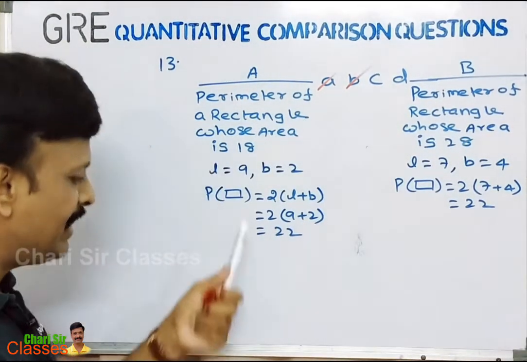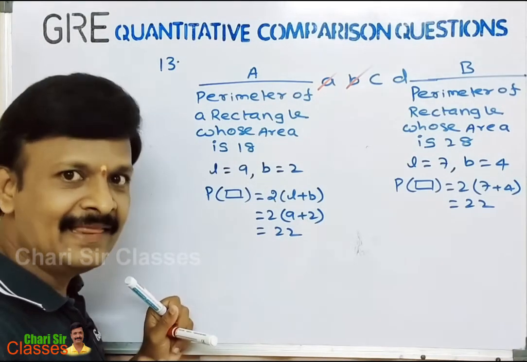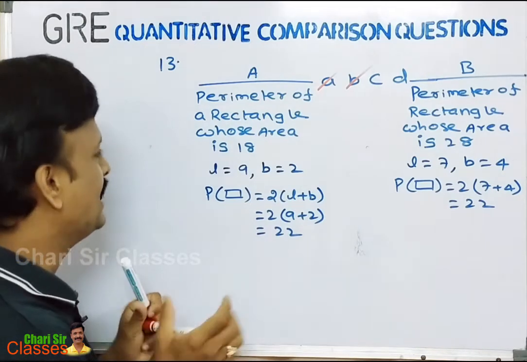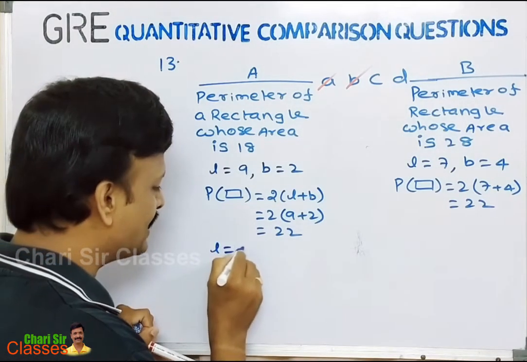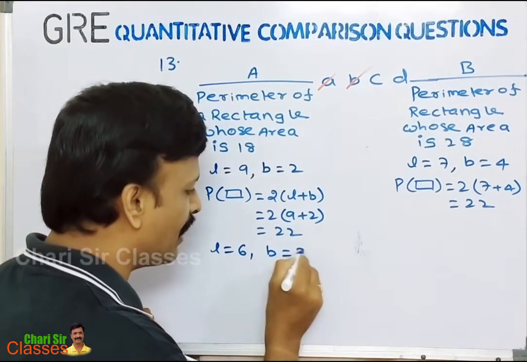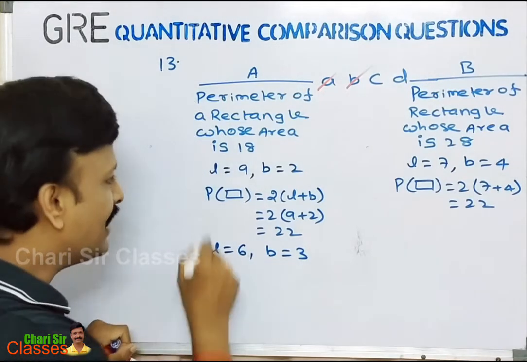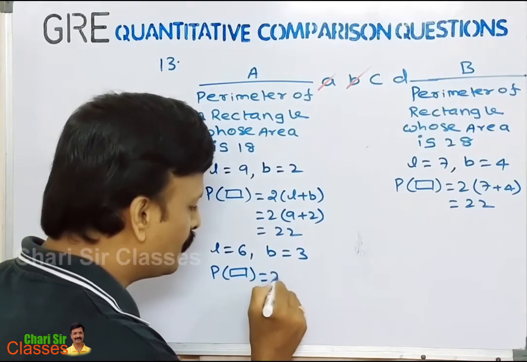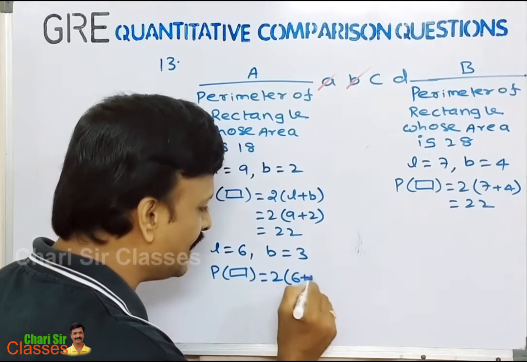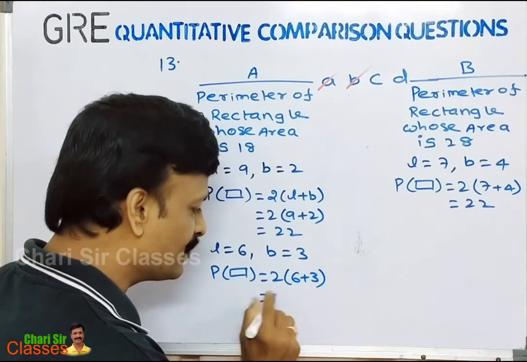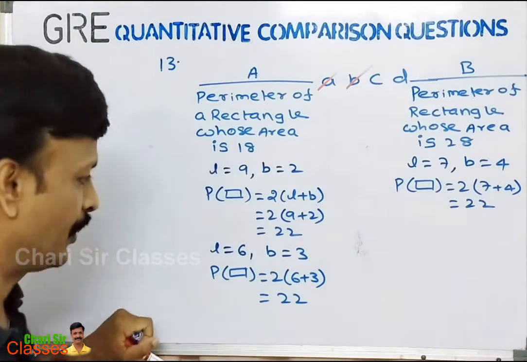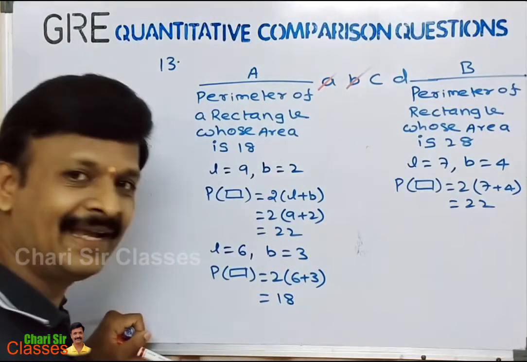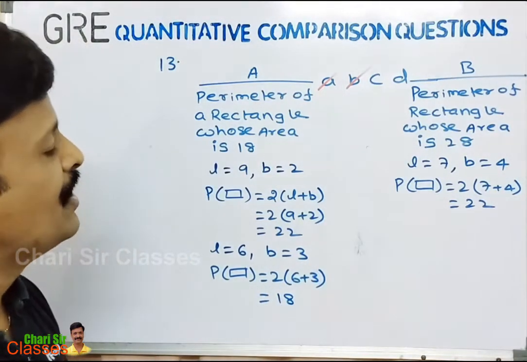Let's try, 18 is possible with any other length and breadth. Is there any other possibility? Yes. L is equal to 6 and B equals to 3 also it may be. In that case, perimeter of rectangle becomes 2 into 6 plus 3, that becomes 9 2s are, sorry, 9 2s are 18. And here also 28.